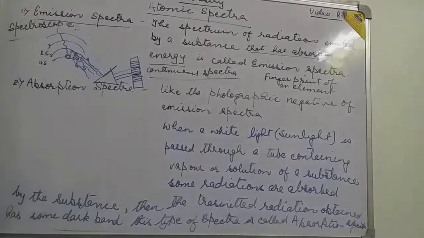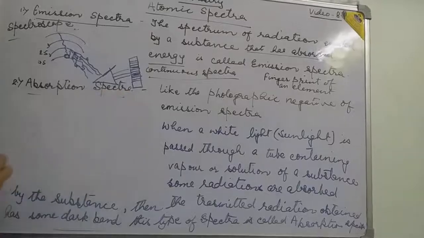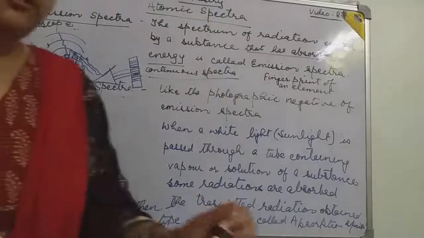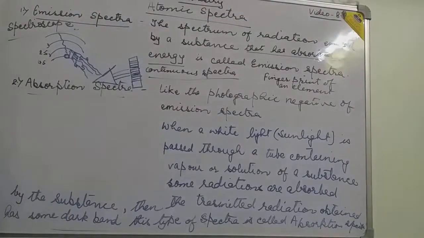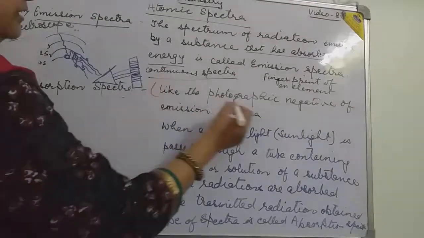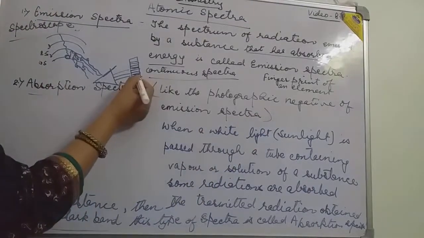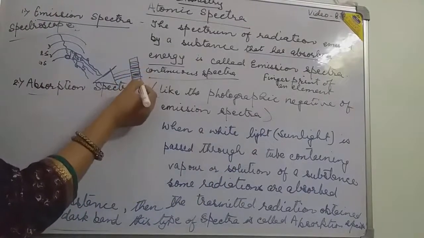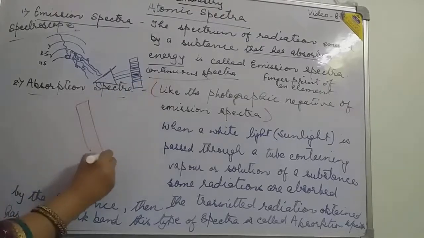Second is absorption spectra. What is absorption spectra? This is like a photographic negative of emission spectra. If emission spectra gives several lines with a few dark bands, then absorption spectra has more dark bands.